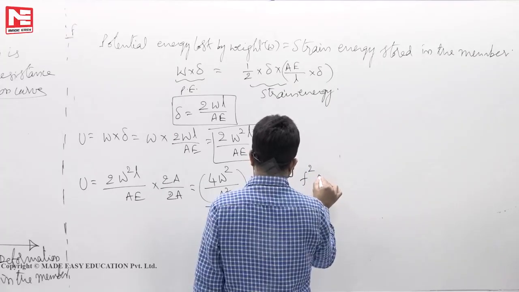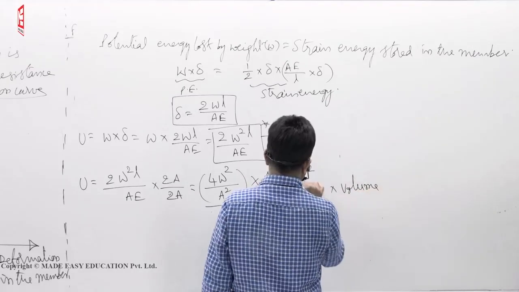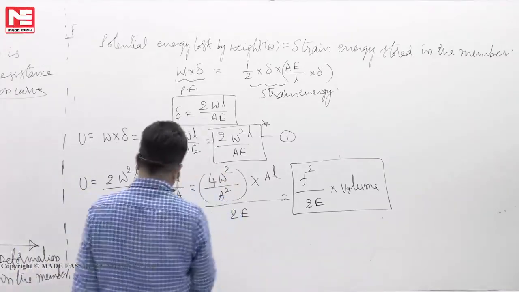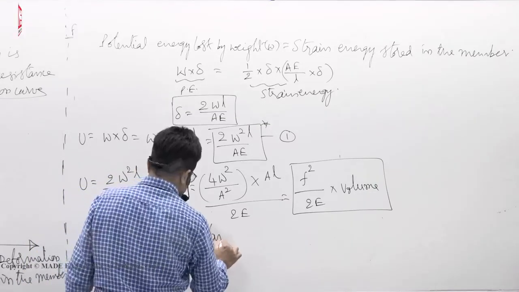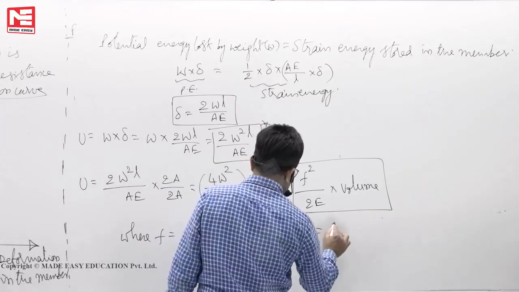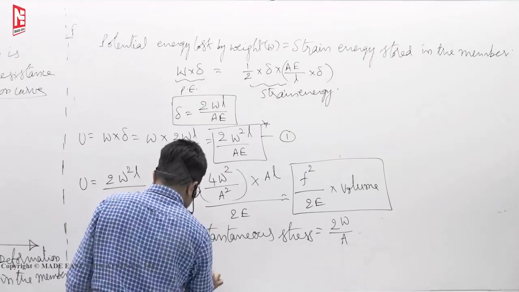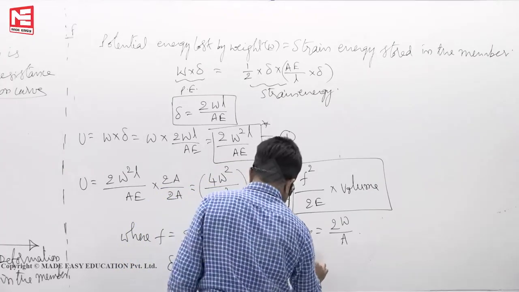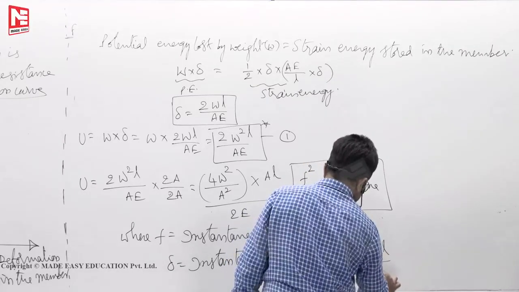So F square by 2E into volume, where F means 2W by A, we call it instantaneous stress, which is nothing but 2W by A. Then delta, in this case we get it as instantaneous elongation, 2WL by AE.